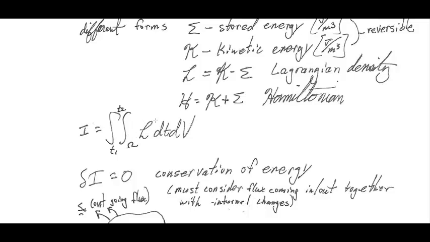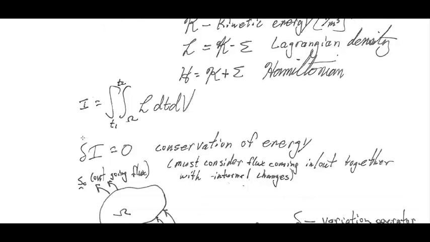So here I'm integrating that density over the whole volume of our material, omega, and I'm integrating it over some time from T1 to T2. So I call this an action integral. And the way I'm going to set up a set of equations that we can solve either by hand or by computer is I'm going to take what's called a variation on that action integral.